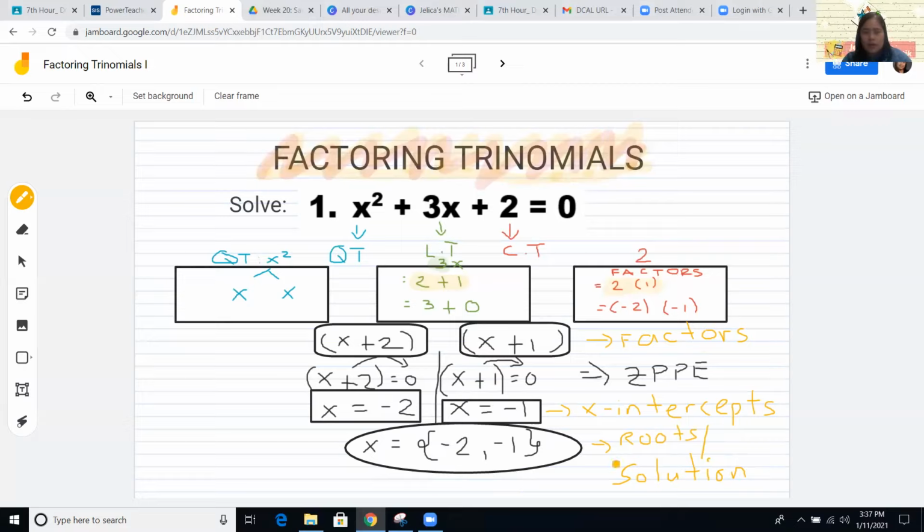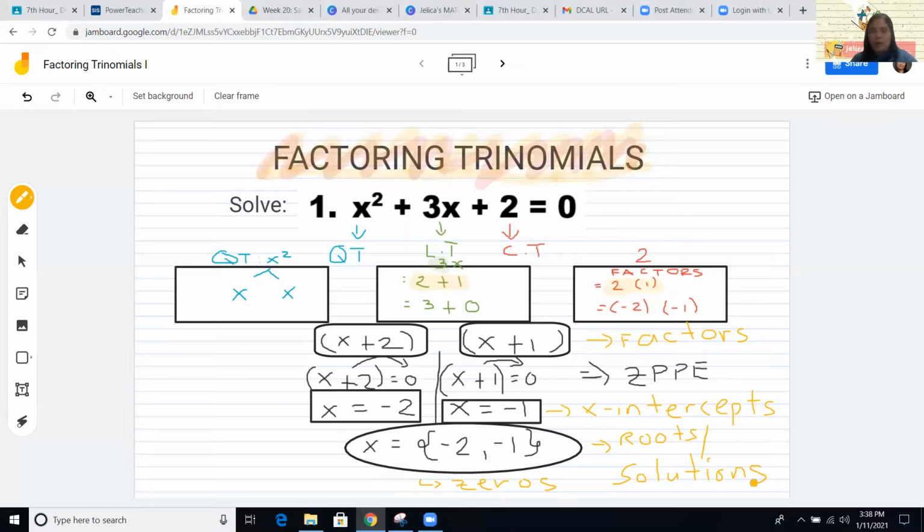These are also what they call zeros. Another term is zeros, because we equate them into 0. So the four terms are just similar, but factors is different. So x-intercept is equal to the roots is equal to the solutions, and solution is equal to the zeros.